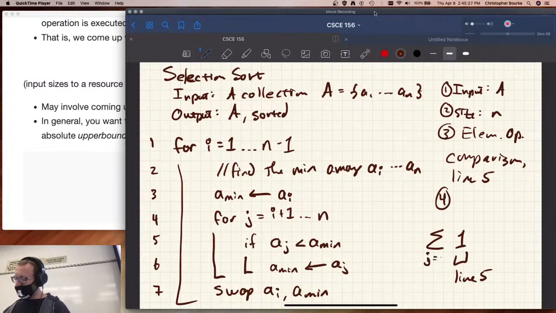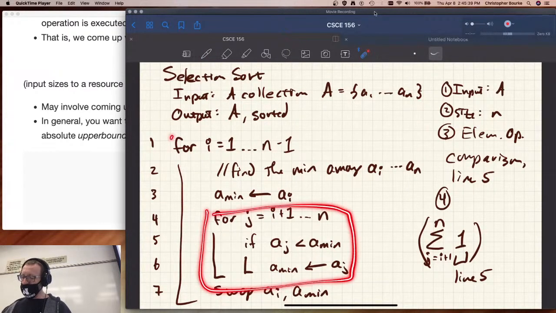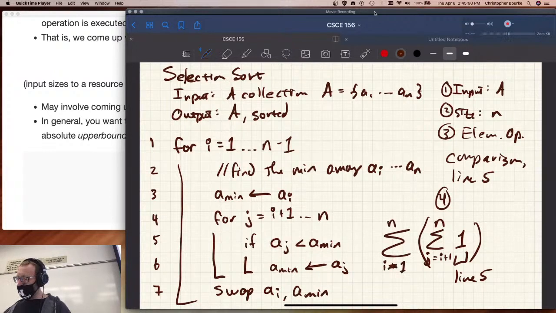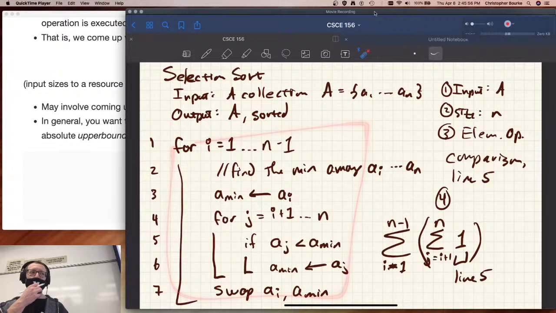Now this is part of another code block, encapsulated right here, and it is tied to this for loop up here. So make another summation. That summation runs from i equals 1 up to n minus 1. And at that point, you're done by adding up all of the terms.